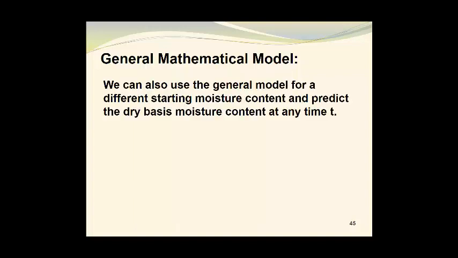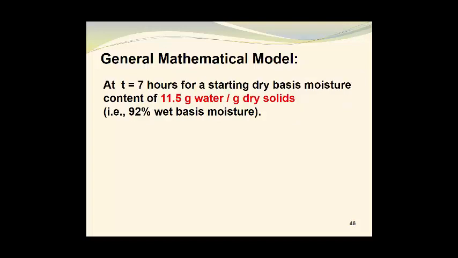We can also use the general model for a different starting moisture content and predict the dry basis moisture content at any time t. So we're going to use 7 hours once again, and we're going to have a starting dry basis moisture content of 11.5 grams of water per gram of dry solids, and this corresponds to 92% wet basis moisture.